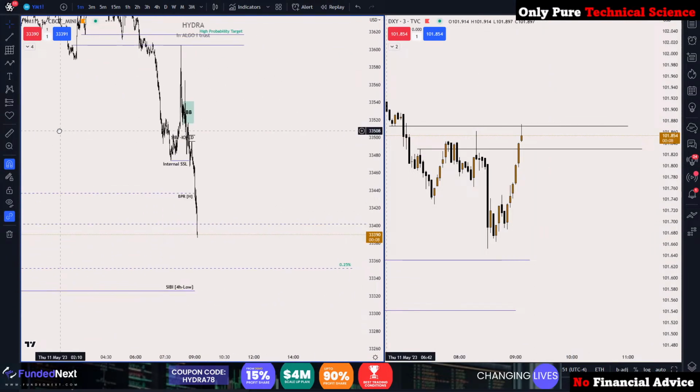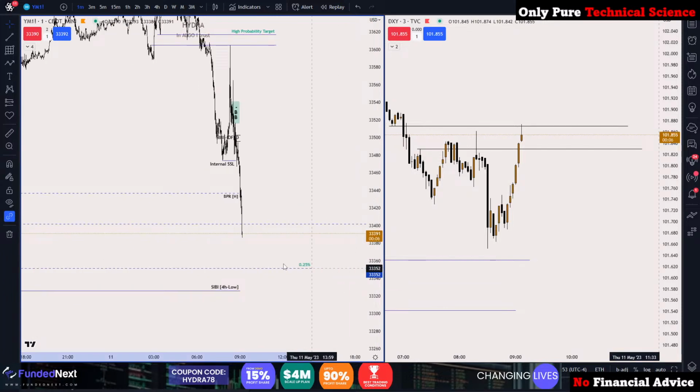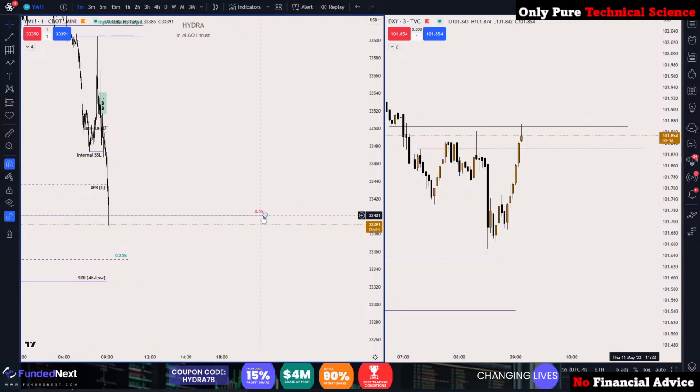So these two zones are our possible reversal zones on Dow.